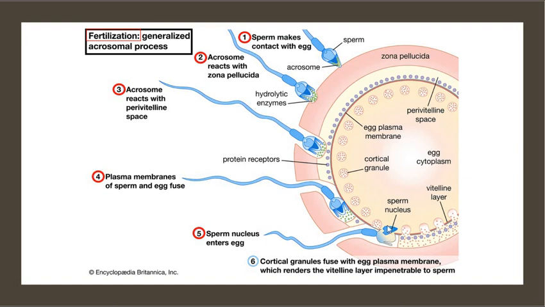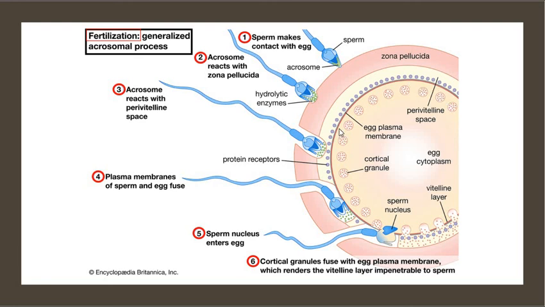Now, almost instantaneously, once the sperm nucleus enters the egg, you have these cortical granules that are lined right inside the egg. When that happens, when that sperm nucleus enters, these cortical granules are going to almost instantaneously join with this layer that you see, that outer layer of the membrane.